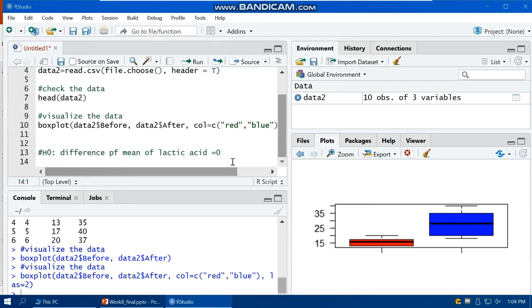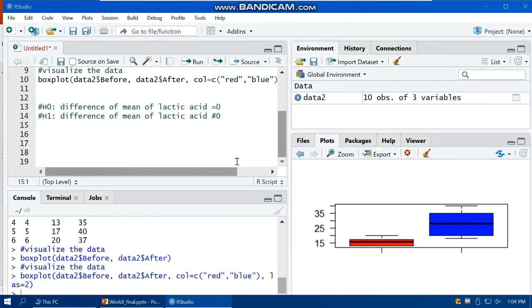And we want to just see whether they are different or not. The alternative hypothesis is that the difference of the mean of lactic acid is not 0, right? So that's the alternative hypothesis. It's a two-sided test.